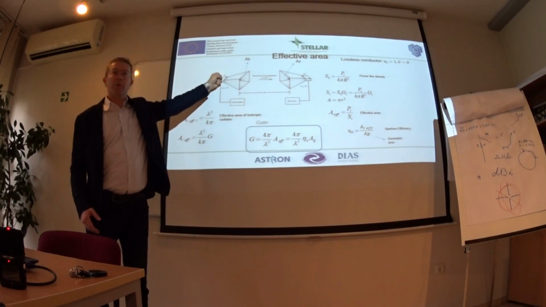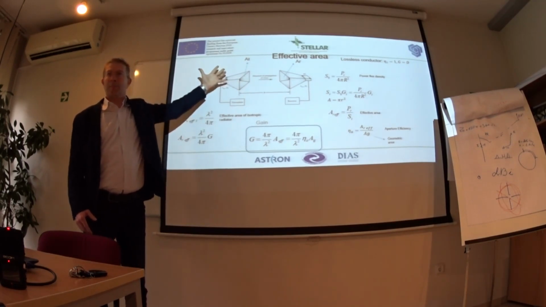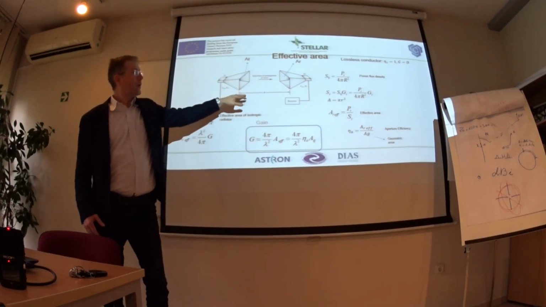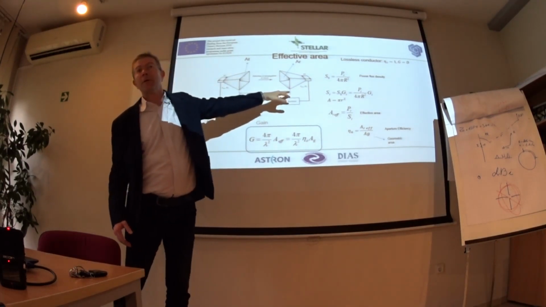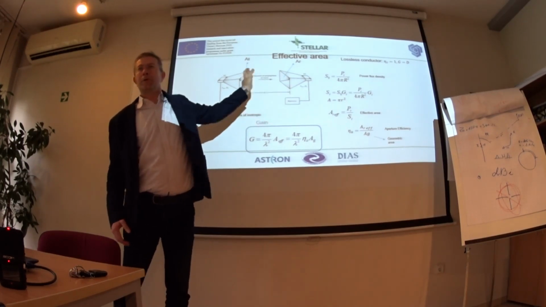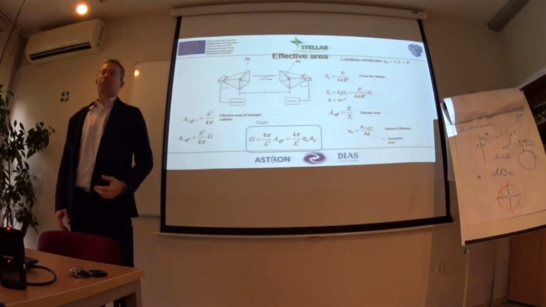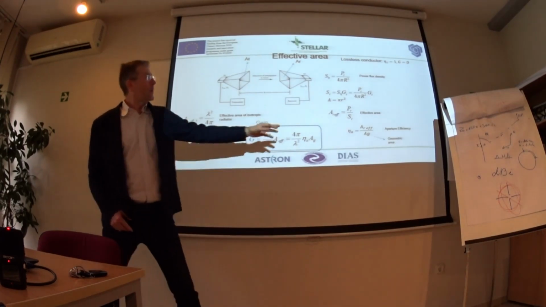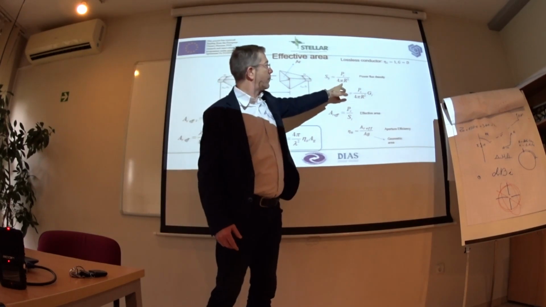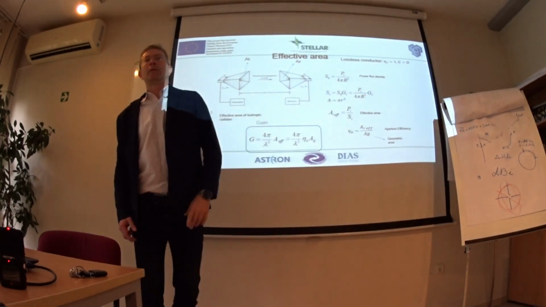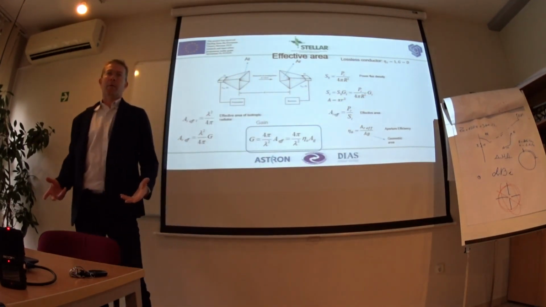For instance, we have the receiver. We have 10 watts, and we have a sphere with radius of 10 meters. We're 10 meters away from the source. So what will be the power flux density? It will be 10 watts over 4 pi 10 meters squared.